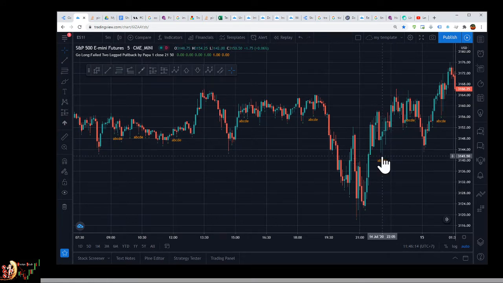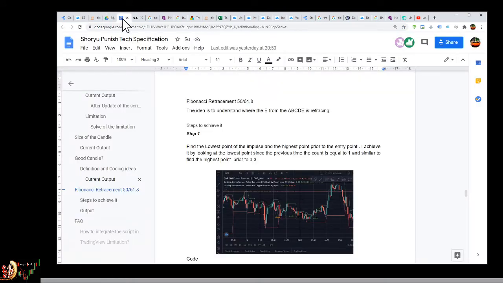I need to check the highest point that happened since the bar is equal to 1. If I compute from here to here, the highest point is over here. And the lowest point is basically the point 1. As I explained in the document, my step 1 is to find the lowest point and the highest point before the entry point.